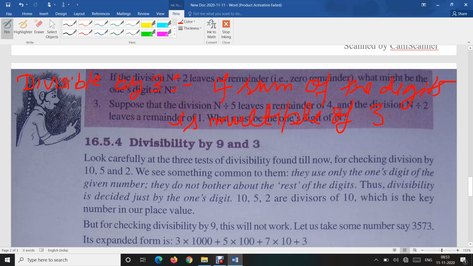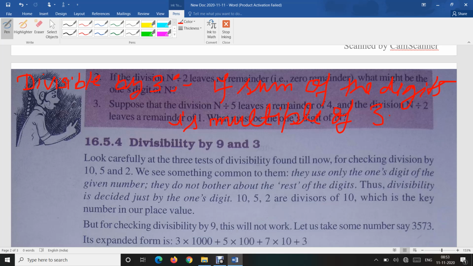That means if you are given any number, and the sum of the digits of that number is divisible by 3, then you can say that that number must be divisible by 3.